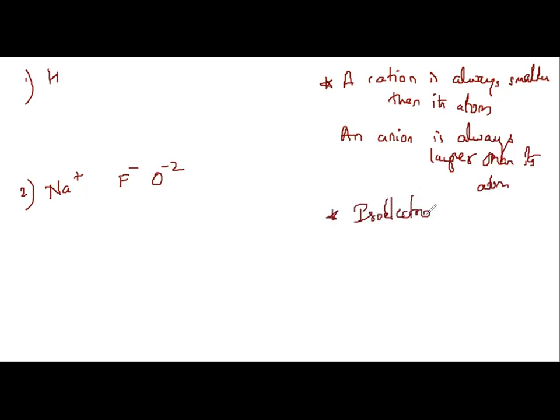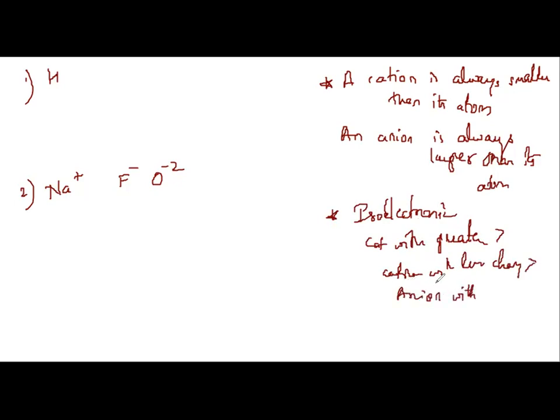In the case of isoelectronic ions, when you write the increasing order, first comes the cation with greater charge, then the cation with less charge, then the anion with less charge, and then the anion with larger charge.